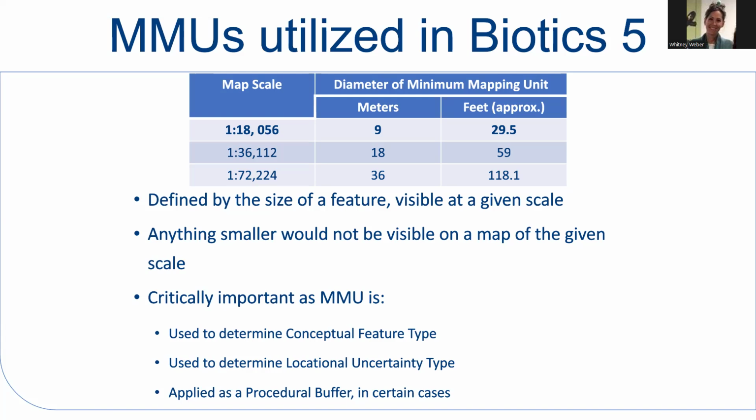So whenever we discuss minimum mapping unit, you should find out what your program uses. As I mentioned, within the US, I think all programs use 9 meters as their minimum mapping unit. Some Canadian provinces use a map scale of 1 to 36,000, and therefore they use a minimum mapping unit of 18 meters.